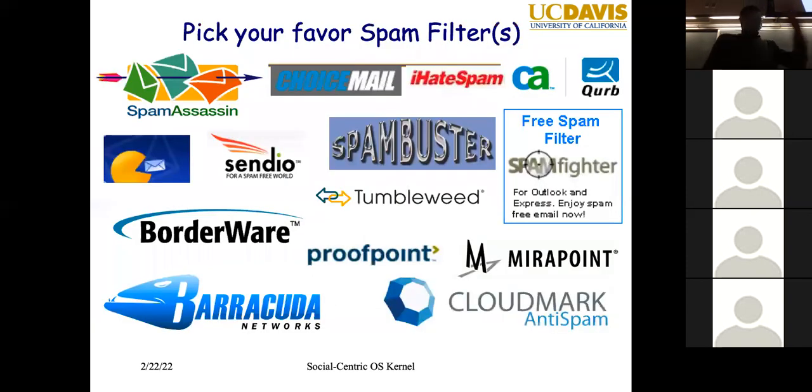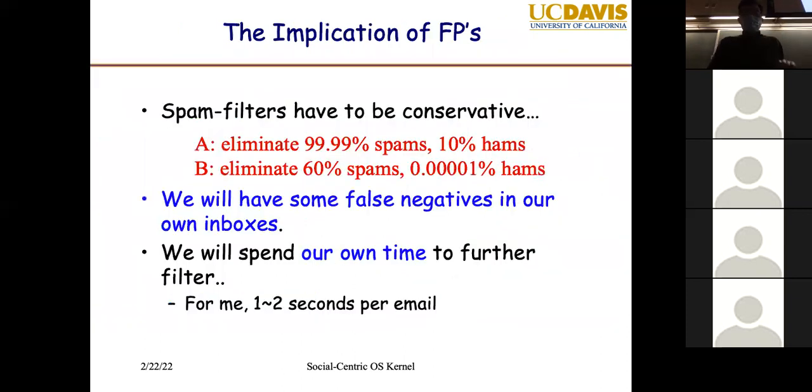So let me ask you a question. I assume all of you deal with spam. We all have to deal with spam. But I'm going to tell you I have two products, product A and product B. I just wonder which product you would like to have. Both A and B are anti-spam filters.